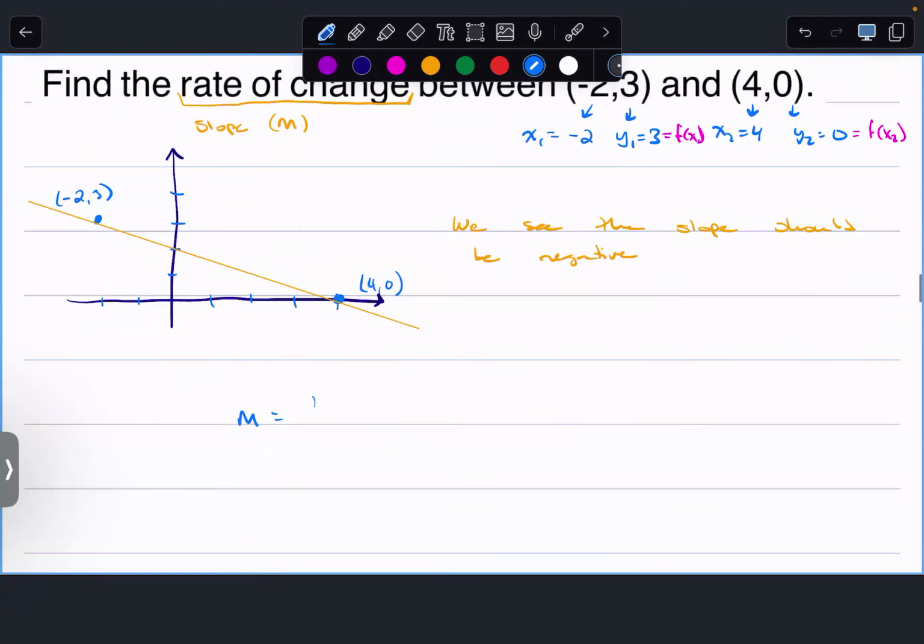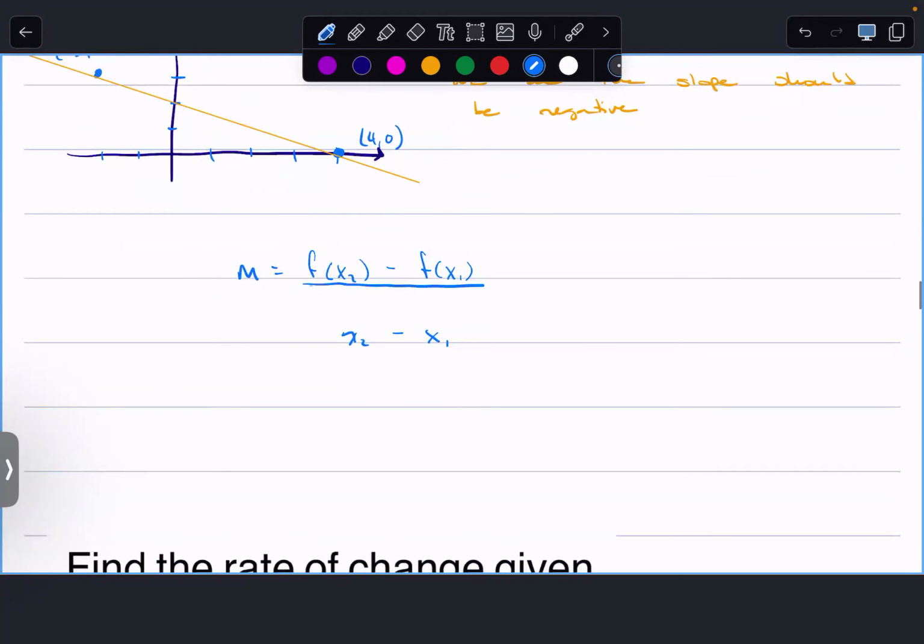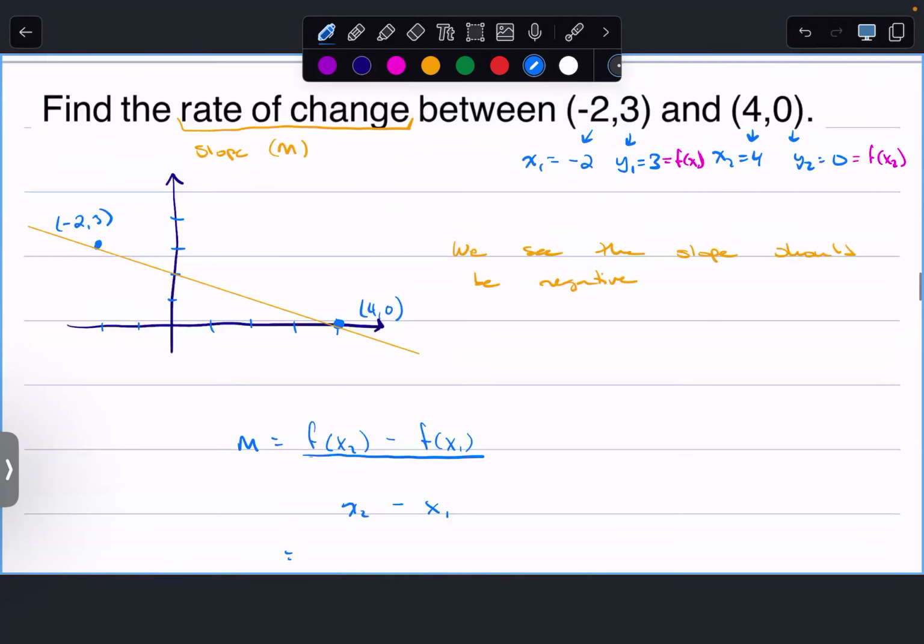M is f of x2 minus f of x1, the change in the output over x2 minus x1. Stacking our equal signs.